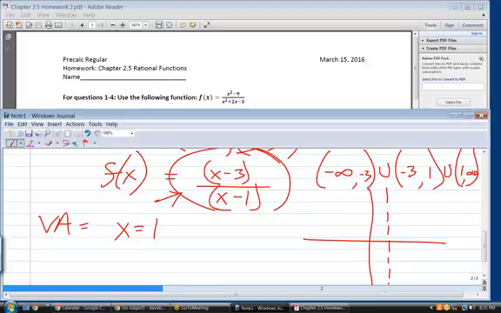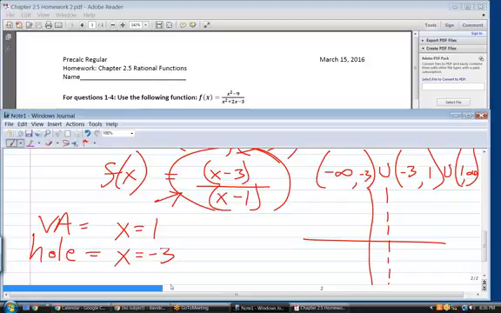Why can it never equal 1? Because that would make the denominator 0. We have a hole at x equal -3 because that's still a domain restriction left over from the original function. Now I see what you mean.